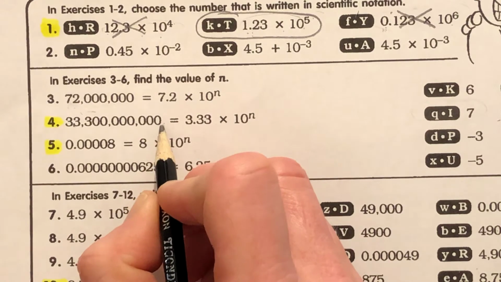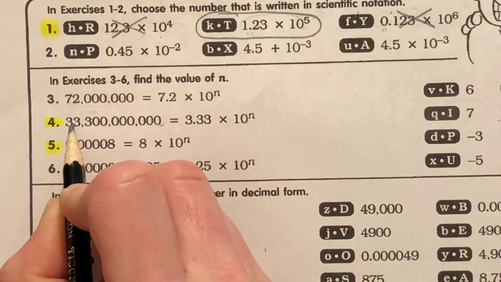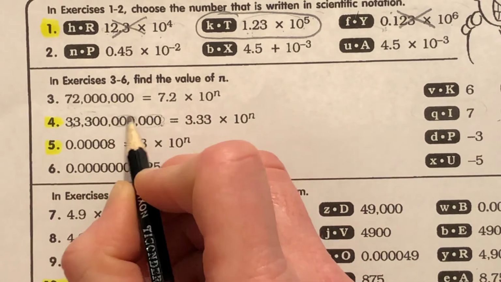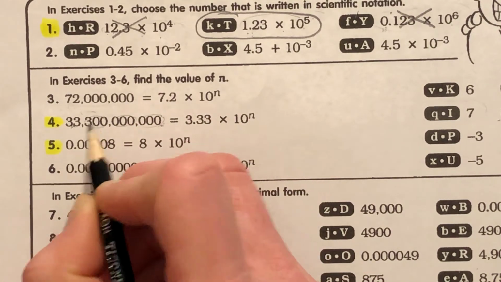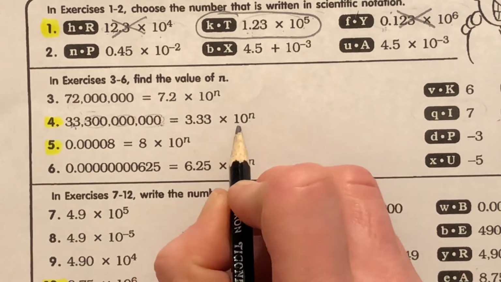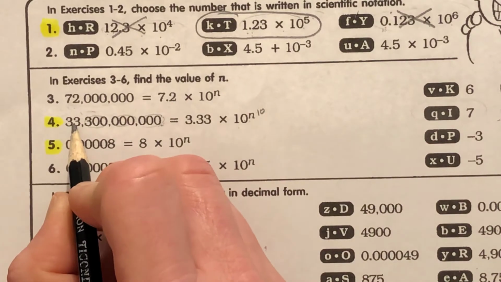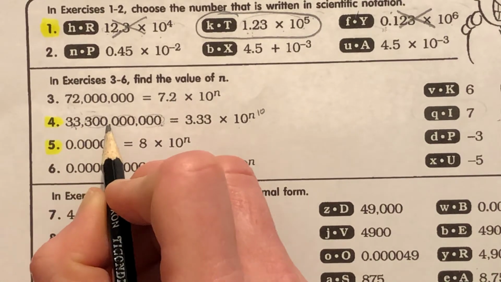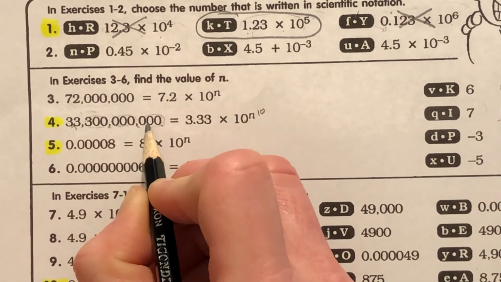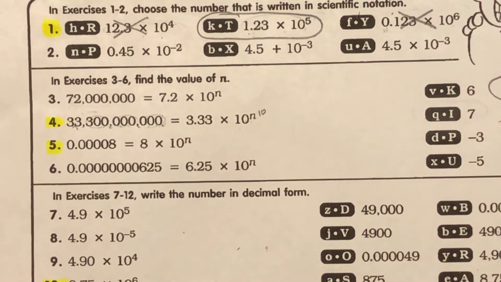How many digits are between where it started and where it has to be in scientific notation? 3, 6, 9, 10. So it's going to be 10 to the 10th power. Let's start with here and go 1, 2, 3, 4, 5, 6, 7, 8, 9, 10. Yes, it is 10. We'll circle that.